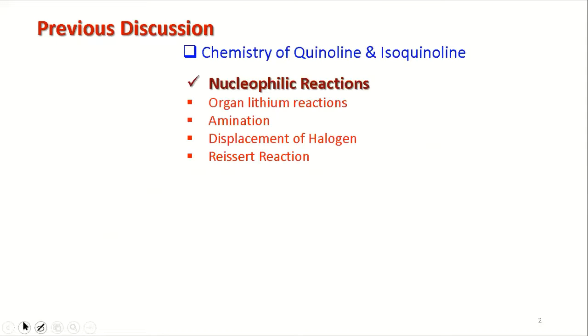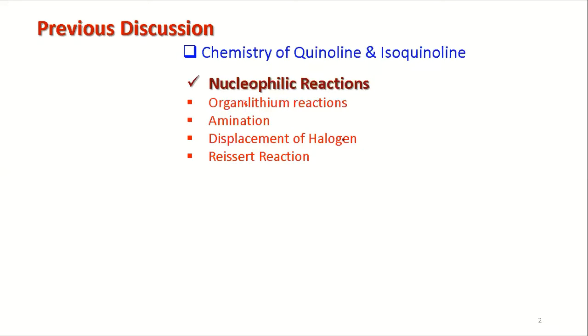Just to recall what we discussed in the previous discussion on the chemistry of quinoline and isoquinoline, we looked into the nucleophilic reactions, particularly the organolithium reactions.